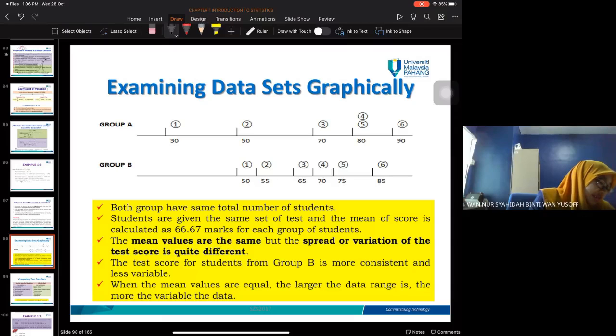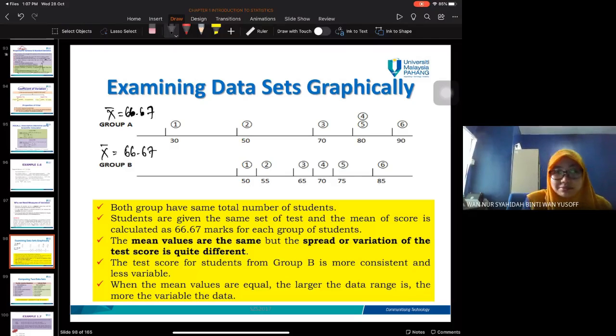Students are given the same set of tests and the mean score is calculated as 66.67 for both. So the x bar for A is 66.67 and the x bar for group B is also 66.67.